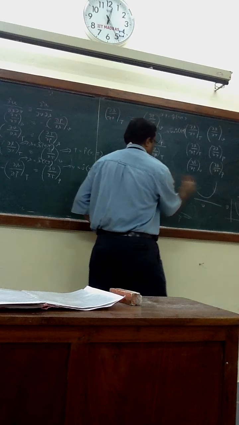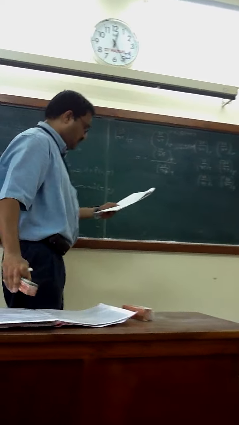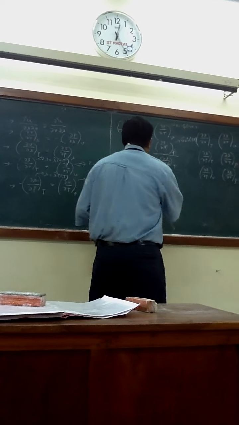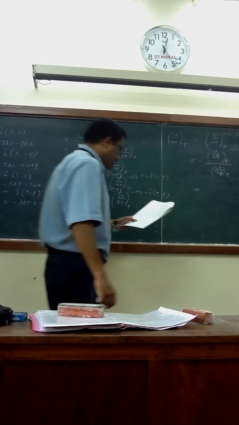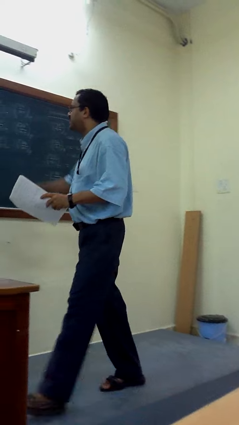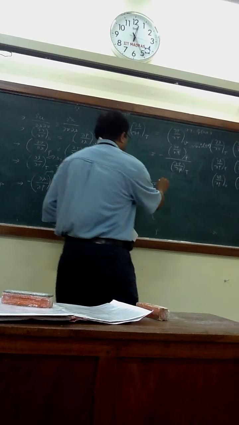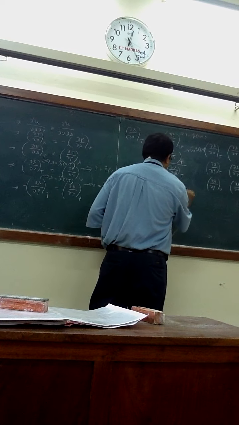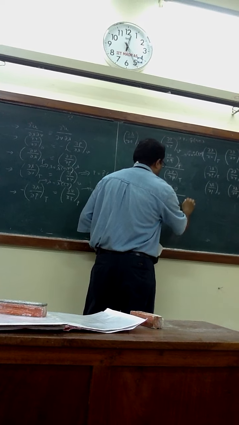So with that, that is enough philosophical perspective at this point. ∂S/∂V at fixed T is how much? ∂V/∂T at fixed P is minus βV, and this is minus κV.